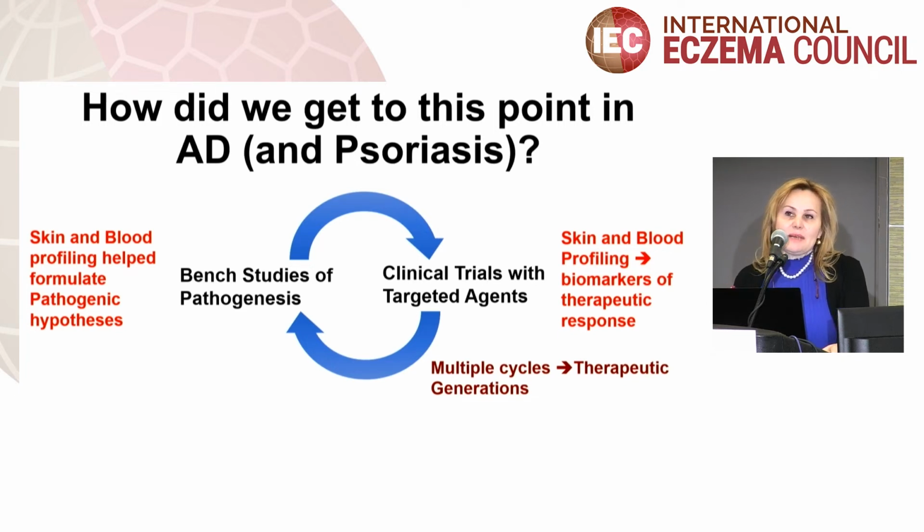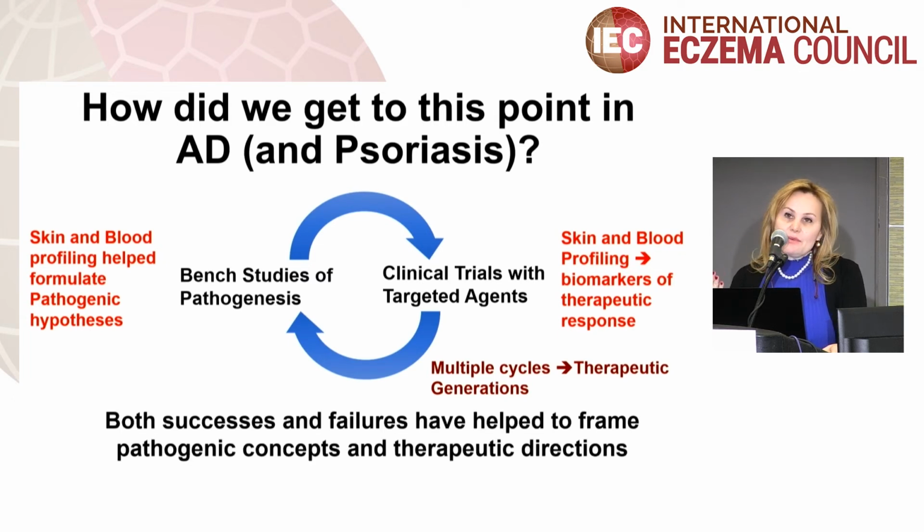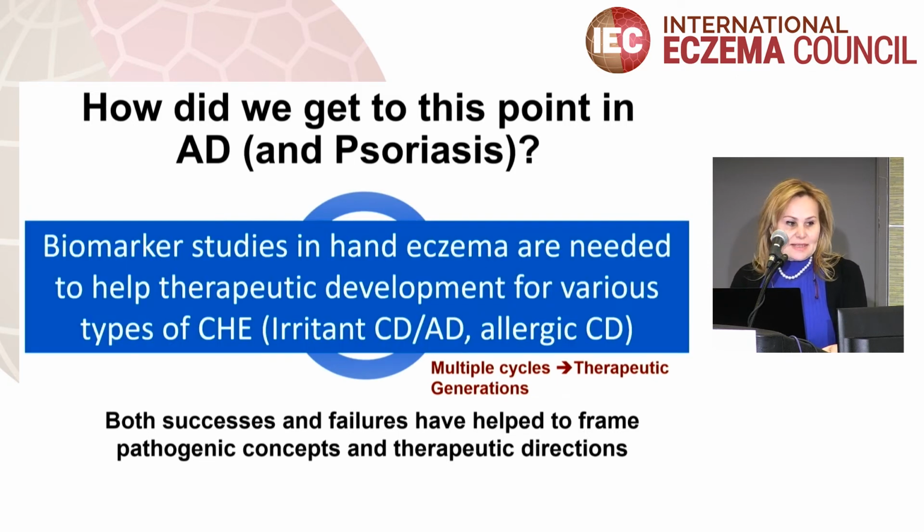And of course, we needed multiple cycles to get to that therapeutic generation. Both successes, but also failures, really helped us frame the therapeutic direction for these diseases. And we really need the same for facial dermatitis and also for chronic hand eczema.